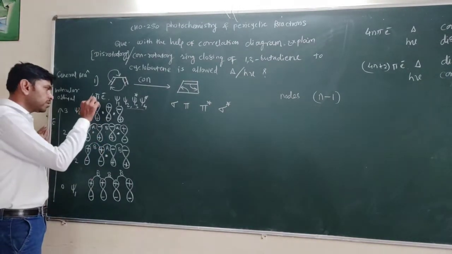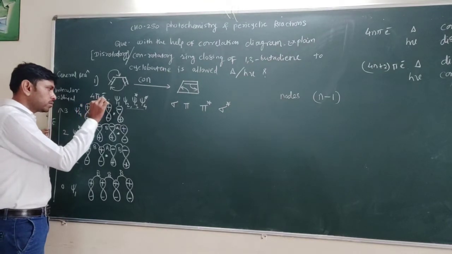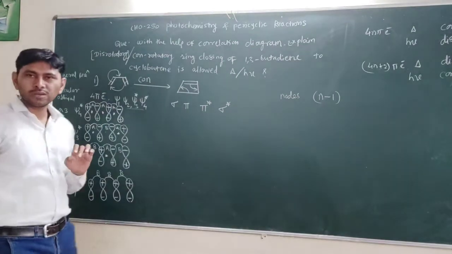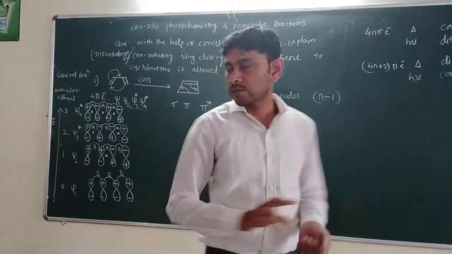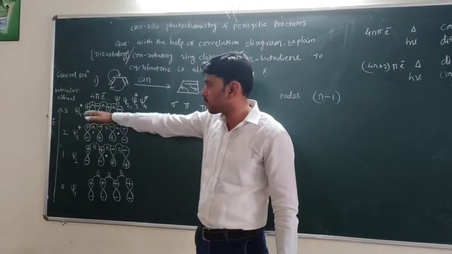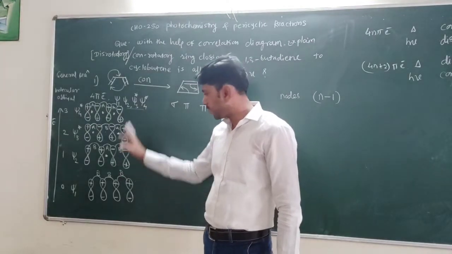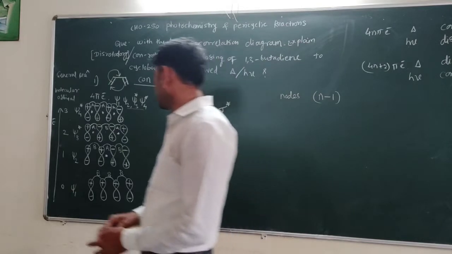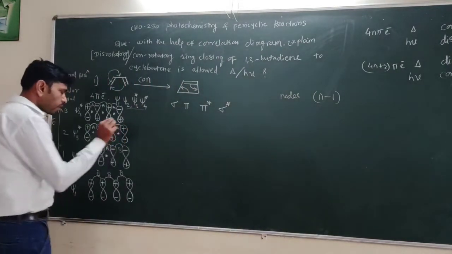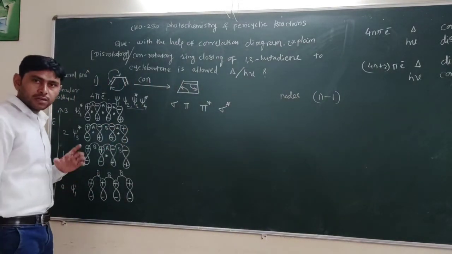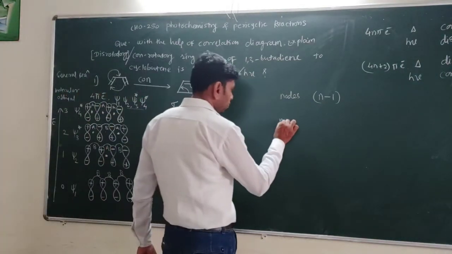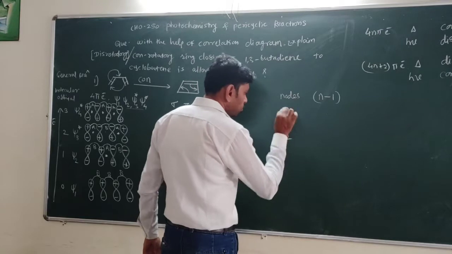Here in this case, see, antibonding. This one is antibonding. Opposite signs, these are antibonding. So due to antibonding orbitals, the energy is highest for psi4 star. So these are the energy levels for these orbitals. Now, in this case, we have to look at the symmetries. There are two types of symmetries, as you know: M symmetry and C2 symmetry.